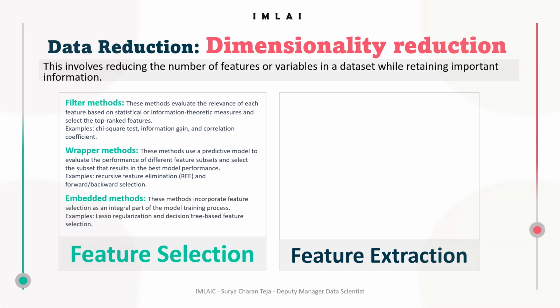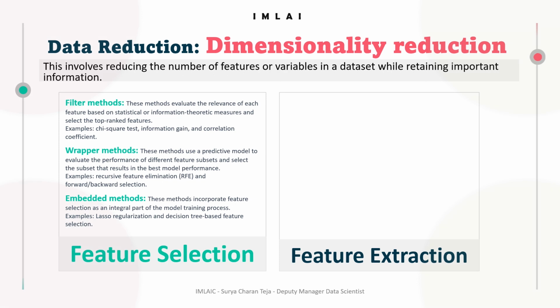And the third technique in feature selection is embedded methods. These methods incorporate feature selection as an integral part of the model training process. Examples include lasso regularization and decision tree based feature selection. Even decision tree is used for feature selection.